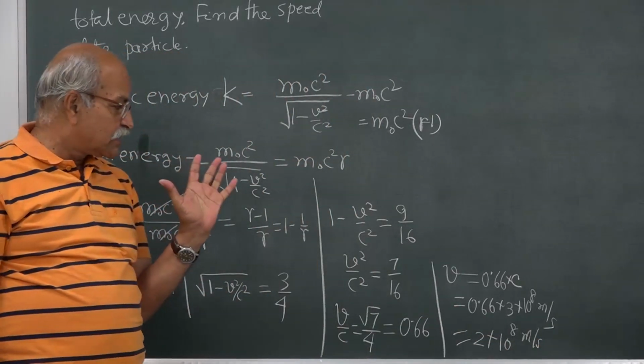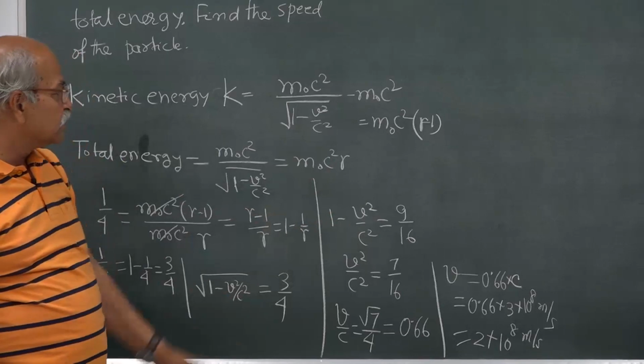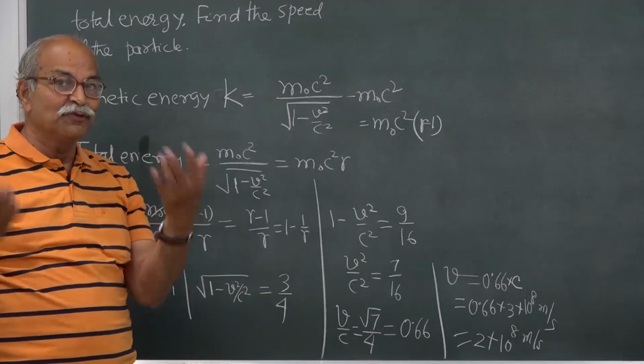So, at 66% of the speed of light, the kinetic energy will account for 1/4 of the total energy.